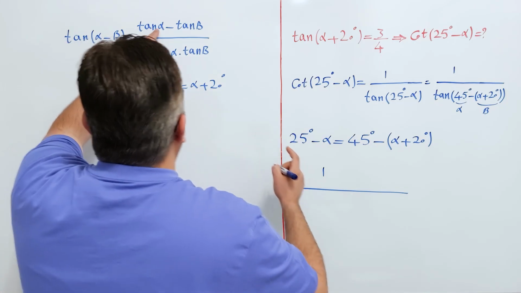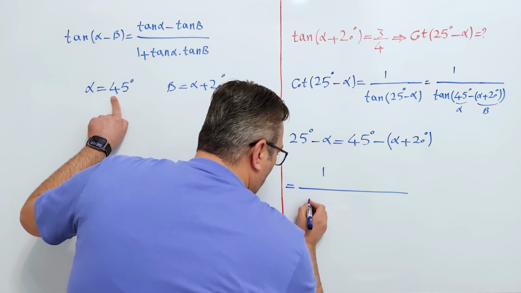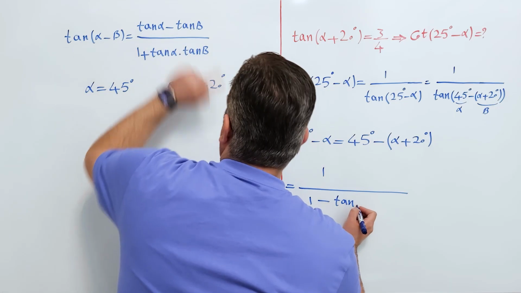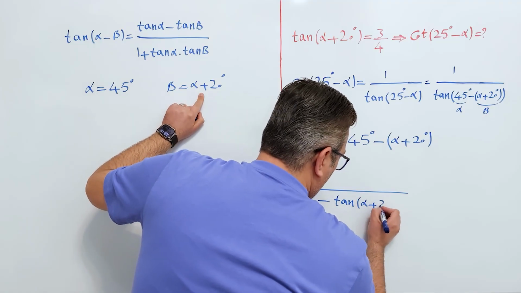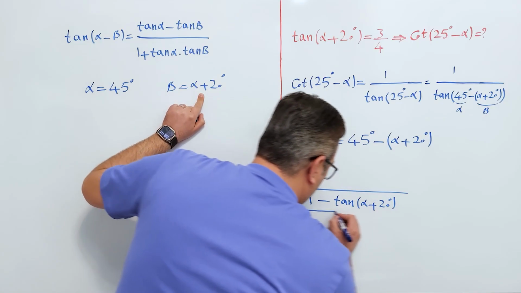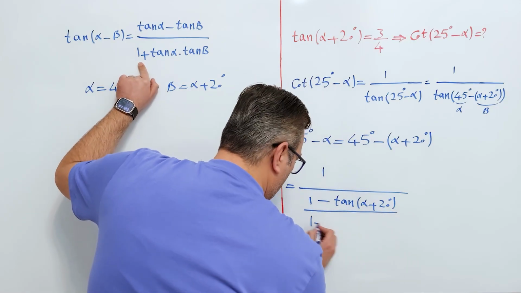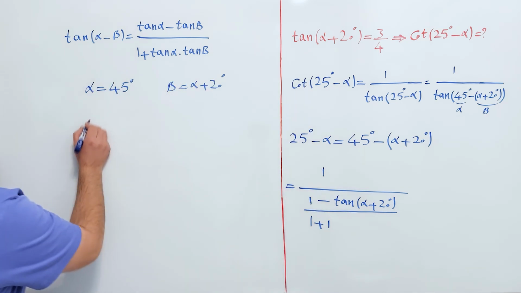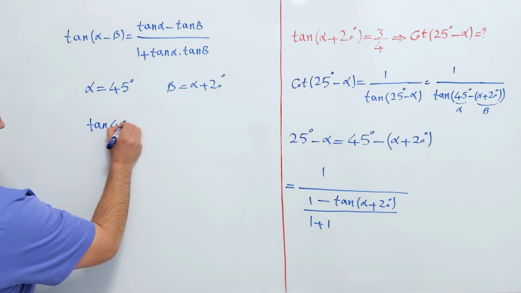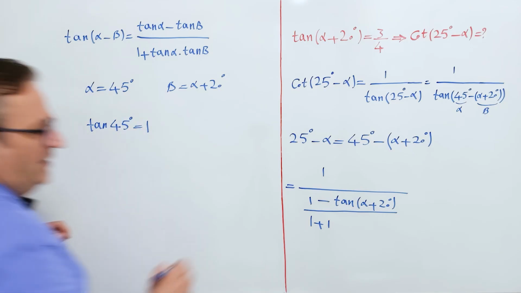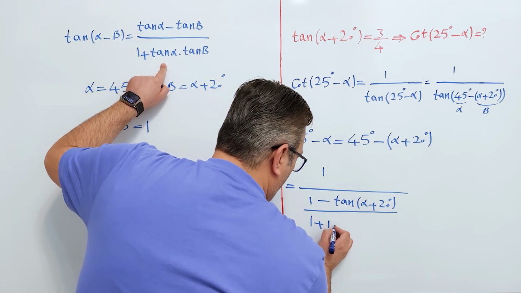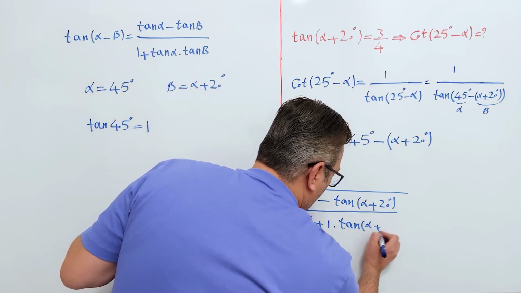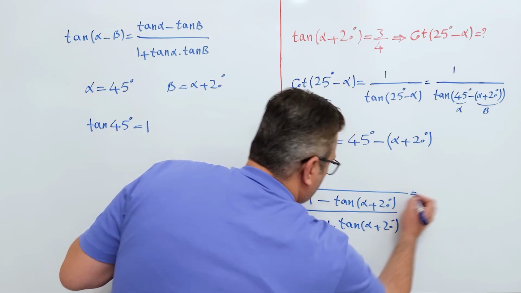So tangent of alpha minus beta is equal to 1 minus tangent of beta, alpha plus 20 degrees, divided by 1 plus tangent of alpha, which is equal to 1 because tangent of 45 degrees is equal to 1, times tangent of beta, tangent of alpha plus 20 degrees.